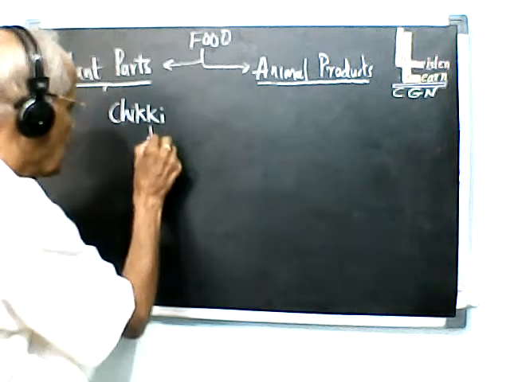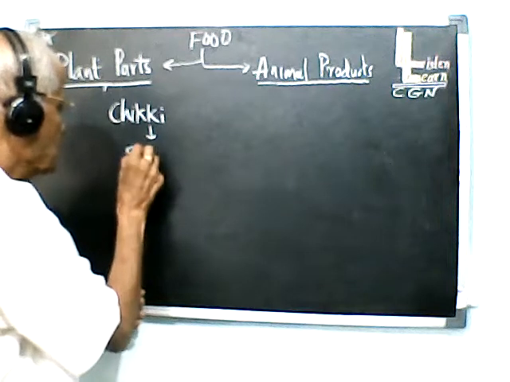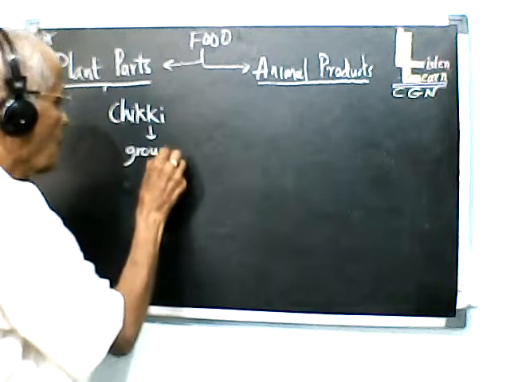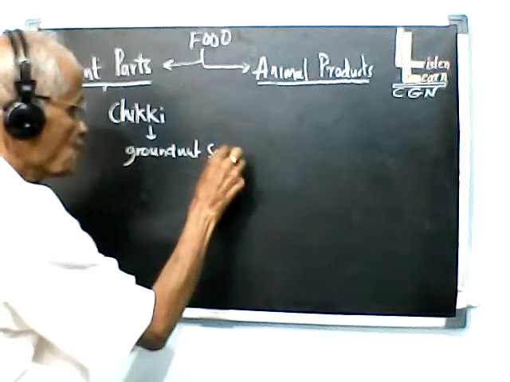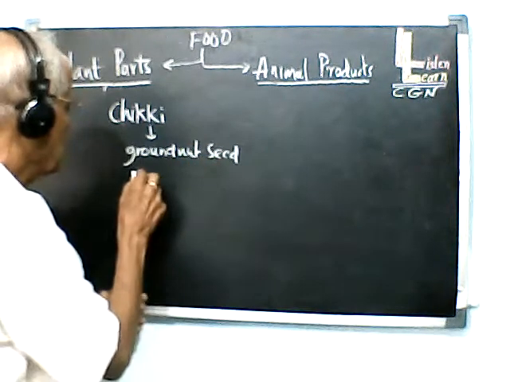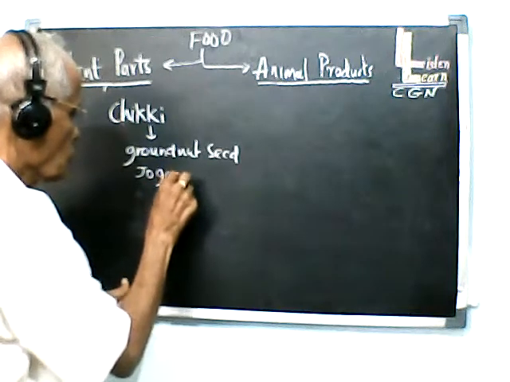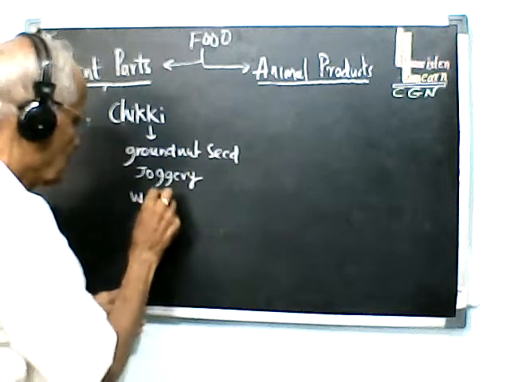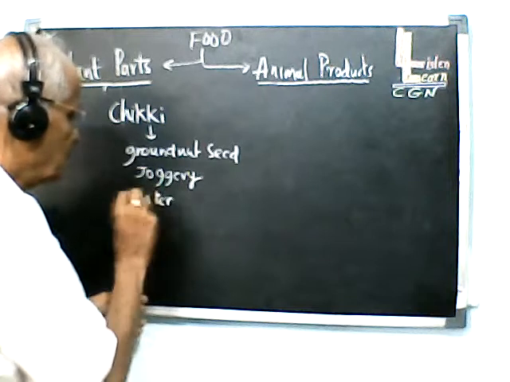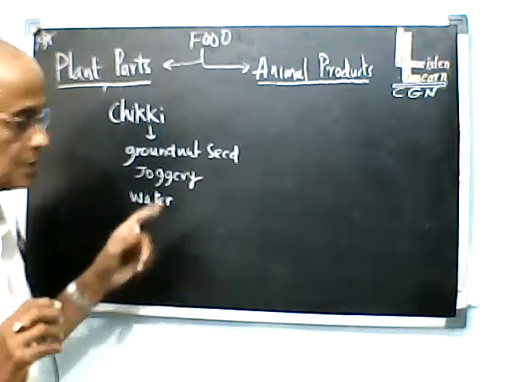Chickpea contains groundnut seeds. It contains jaggery. It contains water. These are the three important ingredients in chickpea.